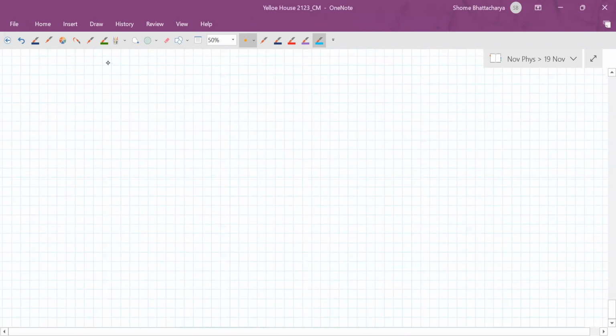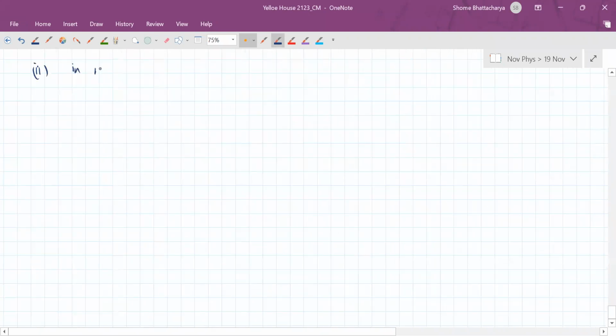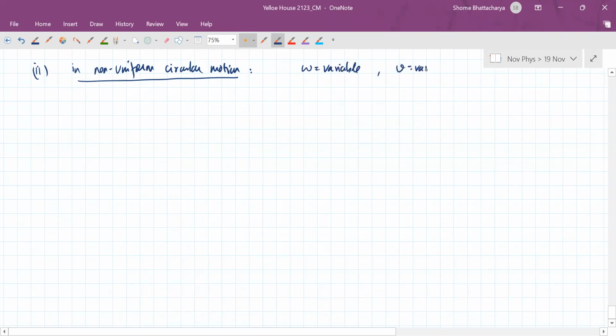So in a second case of non-uniform circular motion, what we see in that case is that omega is variable, speed is variable, and alpha is not equal to 0. In fact, d omega by dt is what we define as alpha.